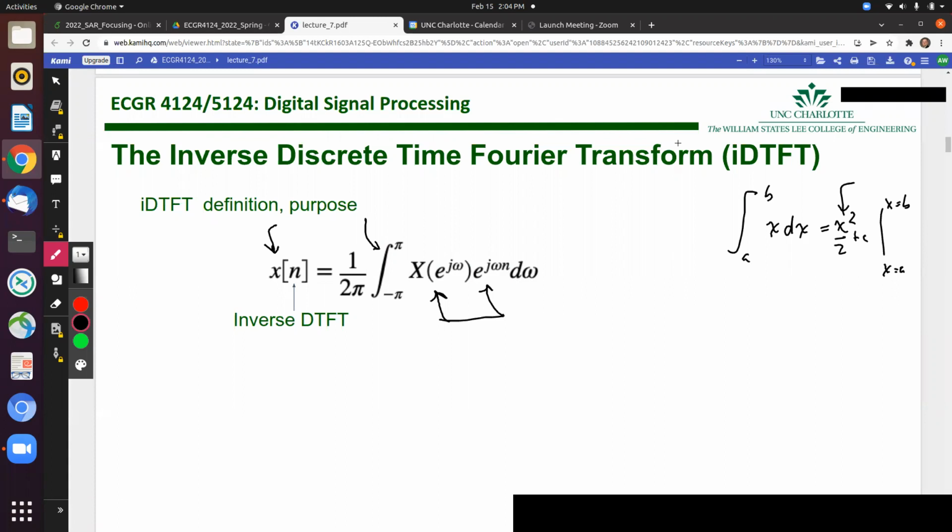It is now the definition of the inverse discrete time Fourier transform. That is how we go from the continuous function X(e^jω) back to a discrete function x[n]. And we take that apparent inconsistency, or more specifically that unintuitive result, and we just embrace it and apply it.